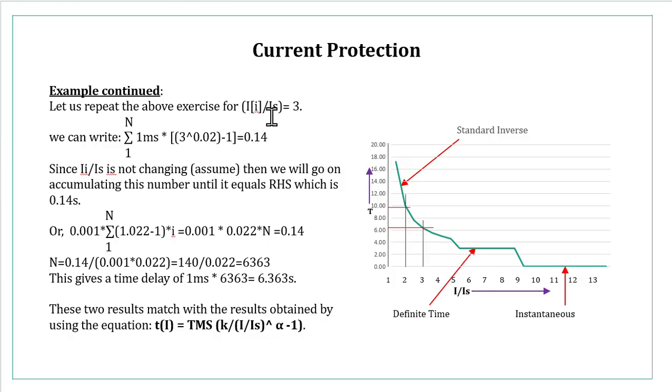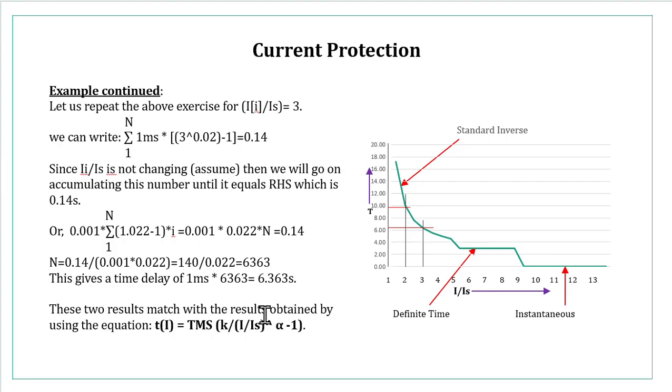That is, if I upon IS is 3, in that case you substitute the values in the same equation and you will eventually say that the time delay is 1 millisecond into 6363, which means it takes 6360 times addition to get left hand side equal to right hand side.